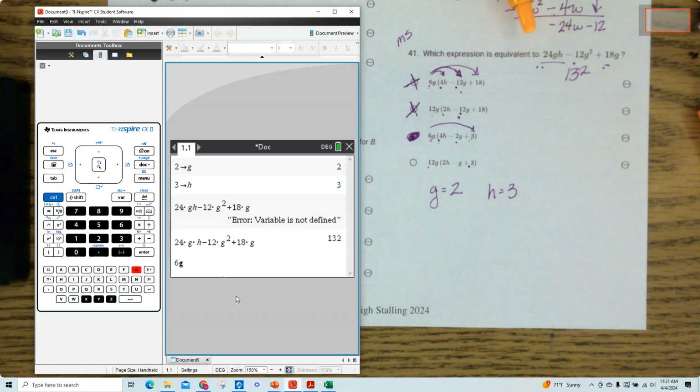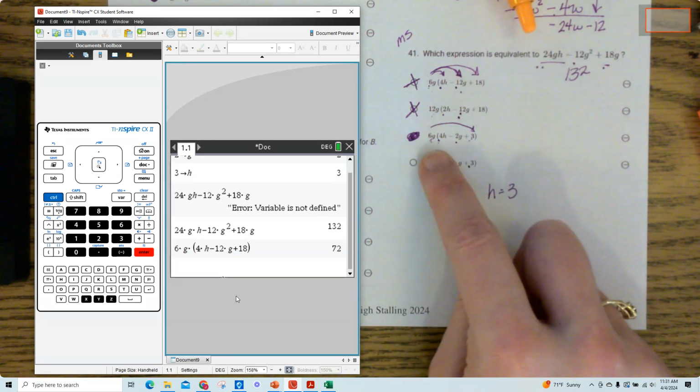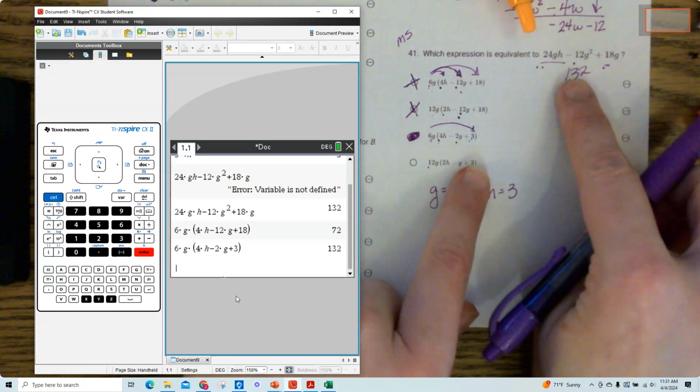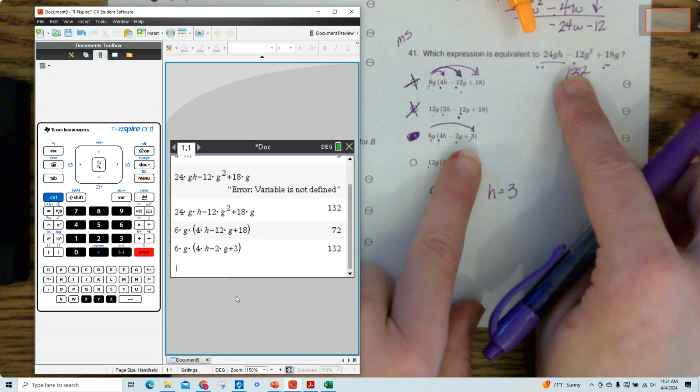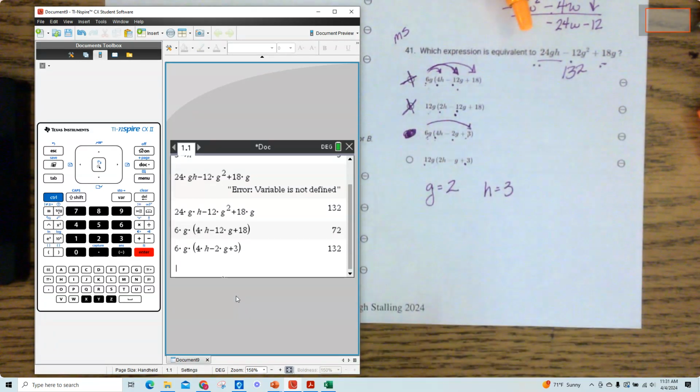So 6G times 4H minus 12G plus 18 doesn't give me 132. It's out. Okay? So if I go to our right answer, 6G times 4H minus 2G plus 3, I get what I'm looking for, the 132. So you can control var that one. Okay? Don't forget about that.